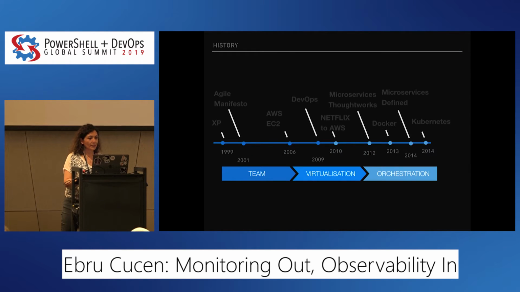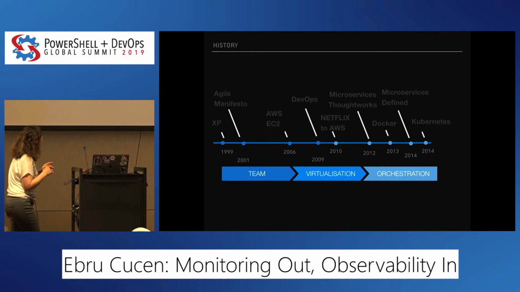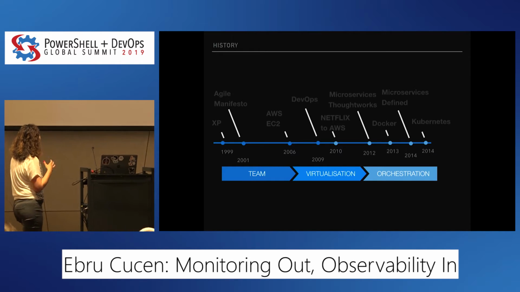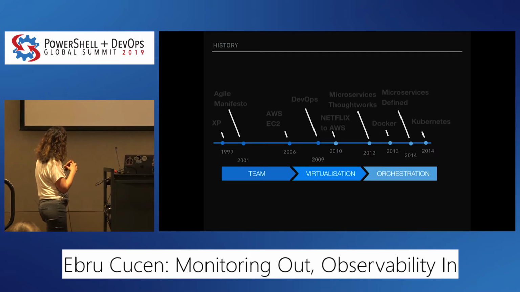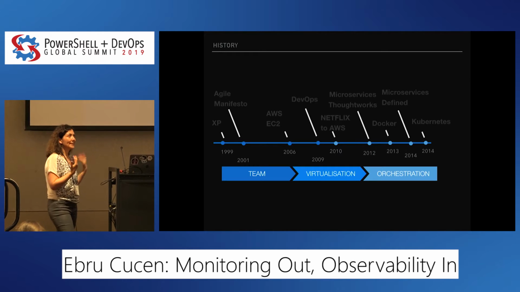Just as a history of what happened in terms of distributed computing, I get 3 groupings. The logic with the XP and Agile Manifesto was 1999, 2001. So for monolith applications, rather than delivering bugs, we were delivering MVP more frequently so that we get frequent feedback from applications.